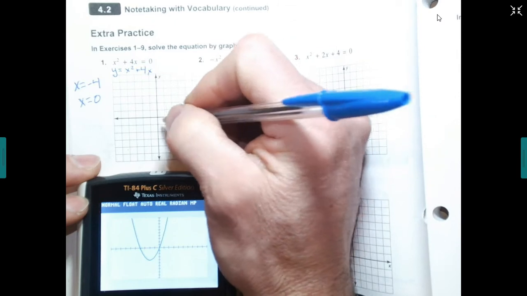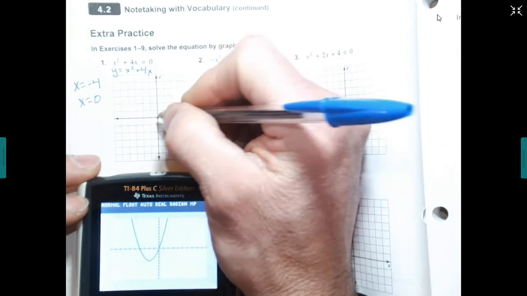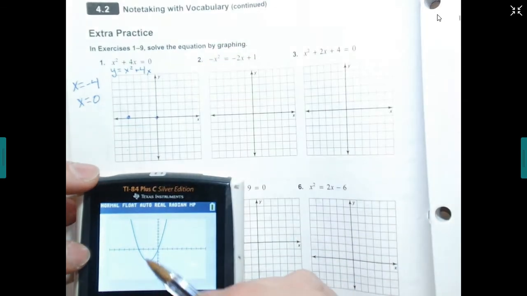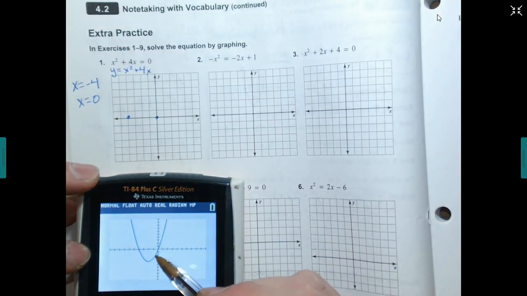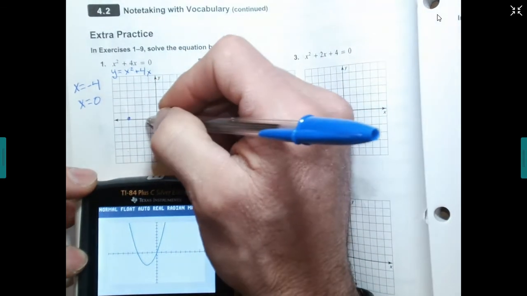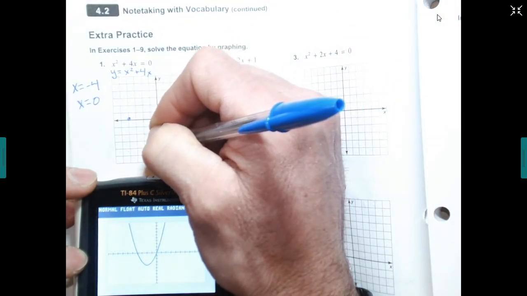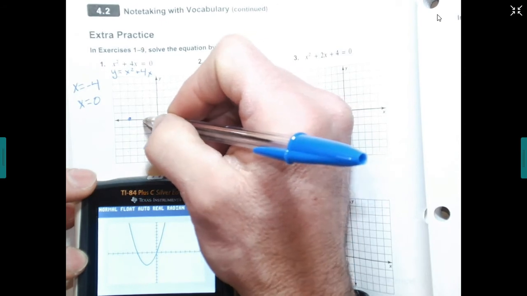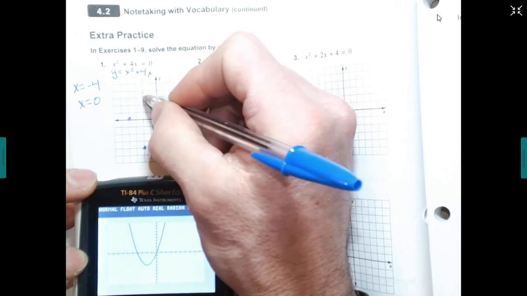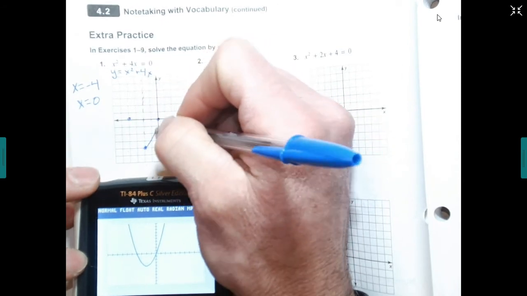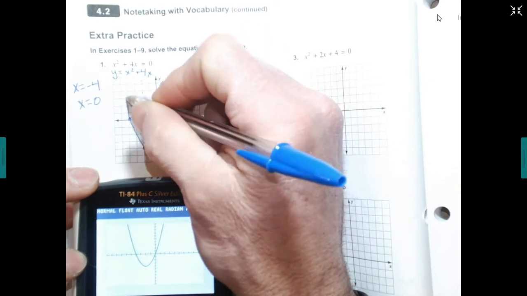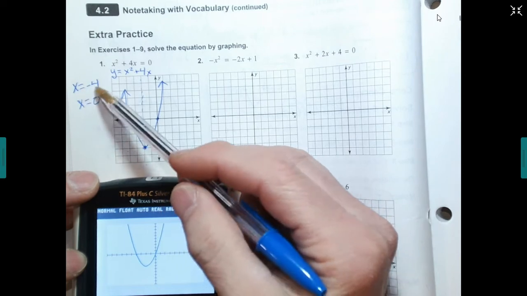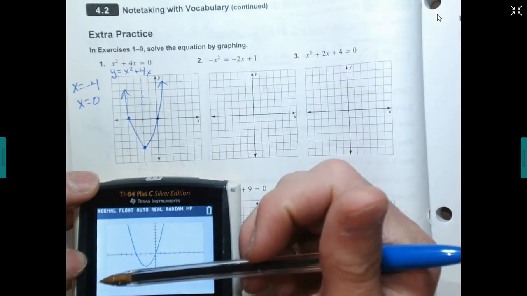So it crosses at 0, and then 1, 2, 3, 4, crosses at 4. And then according to this, we have -2. And we know this is our axis of symmetry, right? Because it has to be directly in between there. So our vertex has to be on that line. But that's all we have to do. Just graph it and then write it in on here. x equals -4, x equals 0.